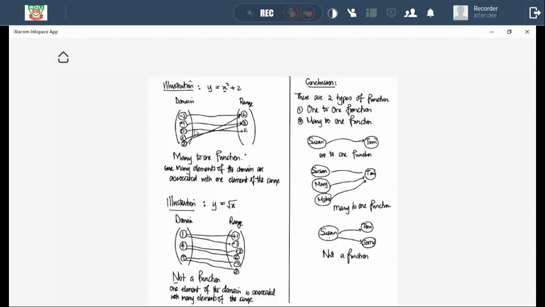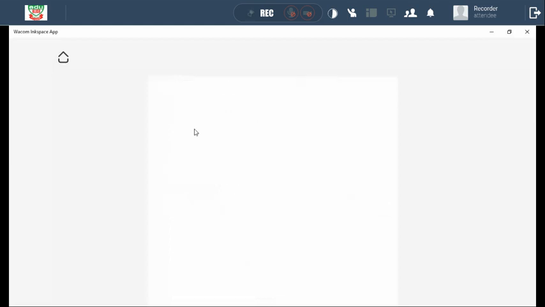Okay, right. Now let's go to testing. At this stage, one is supposed to be able to identify a function when it's a drawn graph, or identify a function when it's an algebraic expression.